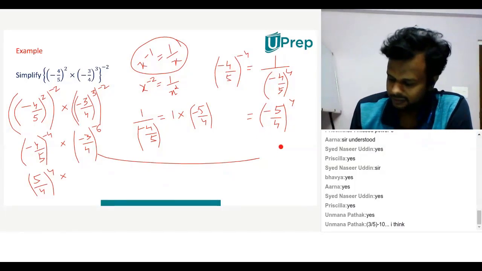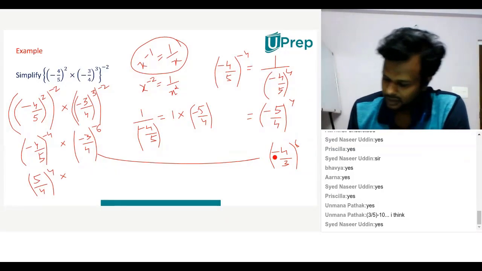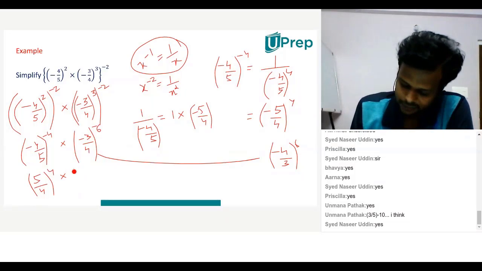Again, the negative number is there, but the power is even, so this becomes 4 by 3 whole power 6.